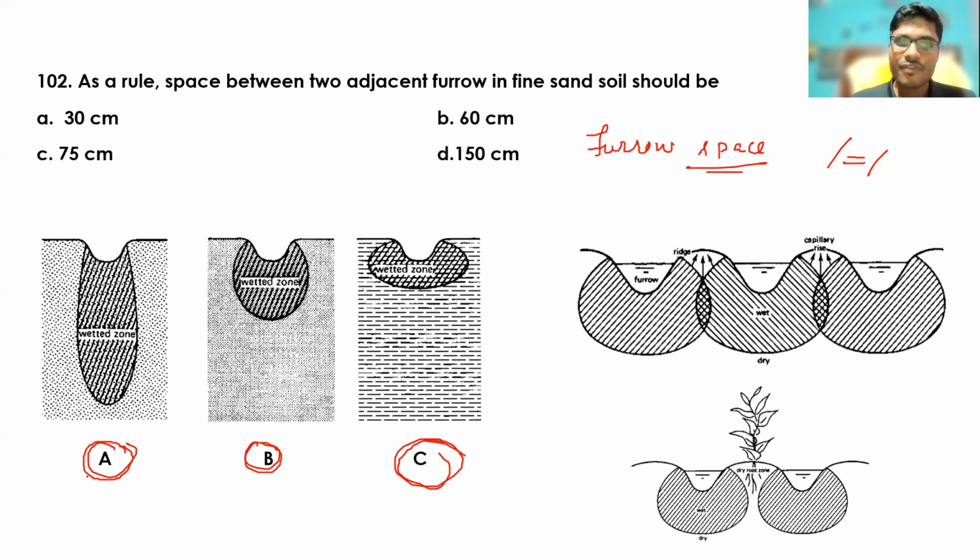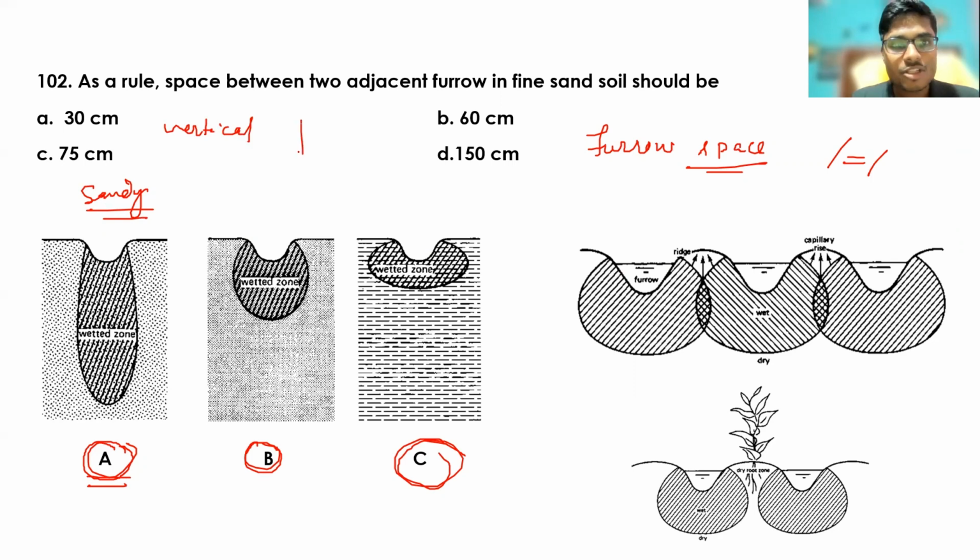In figure A, the soil type or soil texture is sandy soil, because in sandy soil the lateral infiltration is lower. We have already discussed this in the infiltration class. Infiltration can be of 2 types: vertical infiltration and horizontal infiltration.